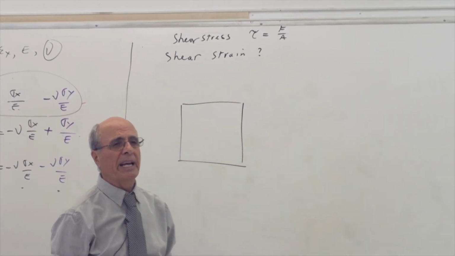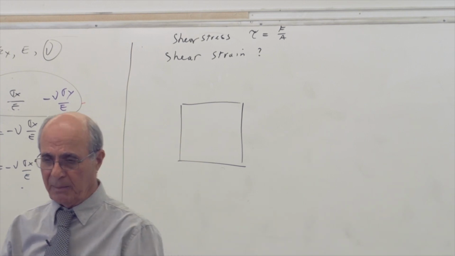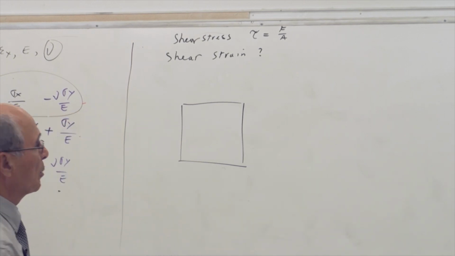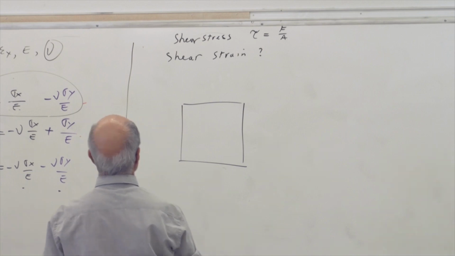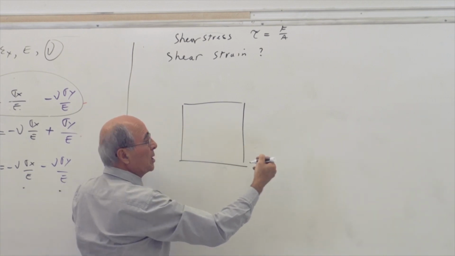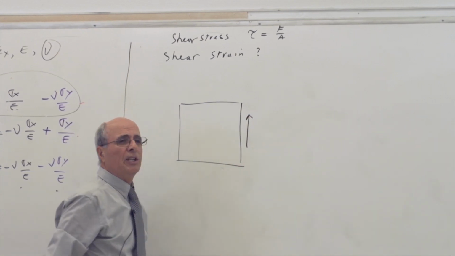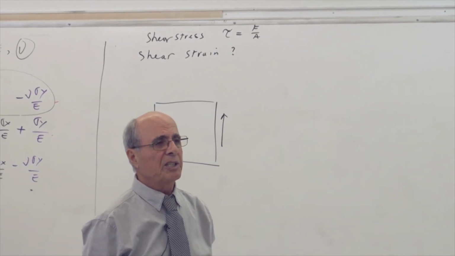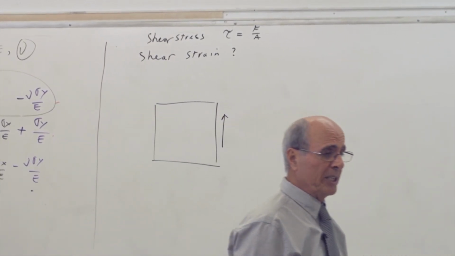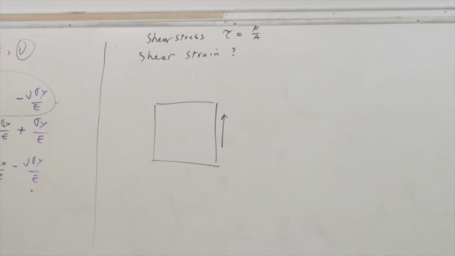This is, again, a stress element, one of the elements that we showed you, or a plate, or whatever you call it. This time, I'm not going to put it under sigma. I'm going to put it under shear stress, yes or no? Shear stress tau, remember, when I mentioned it last time, I showed you tau xy is always equal to tau yx. Is that correct or not?